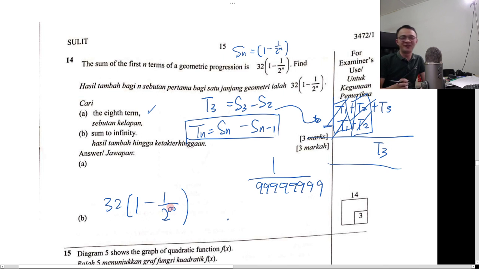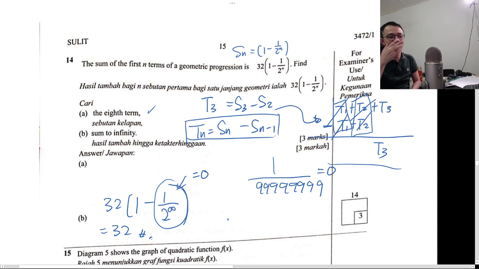Because 2 power of infinity is very, very big, you will get 0. Therefore the whole thing here equals 0. Then you left 32 multiply 1, so you will get 32. So for part B, the answer is just 32.